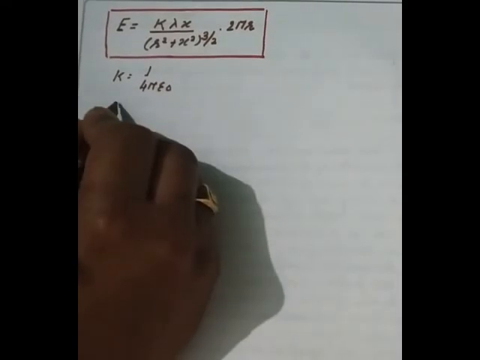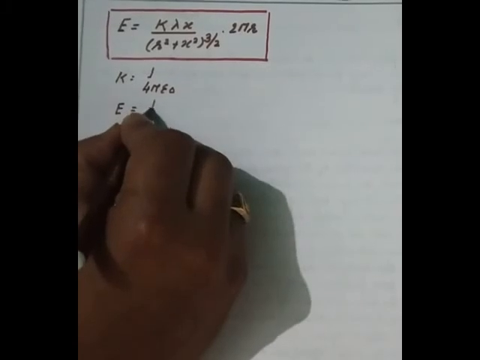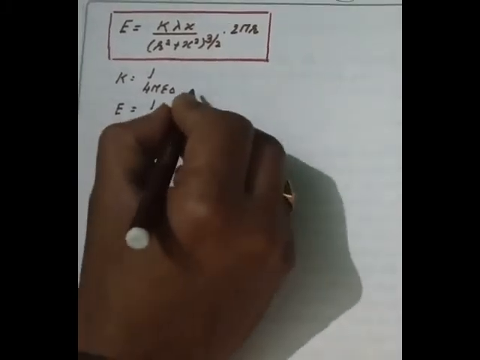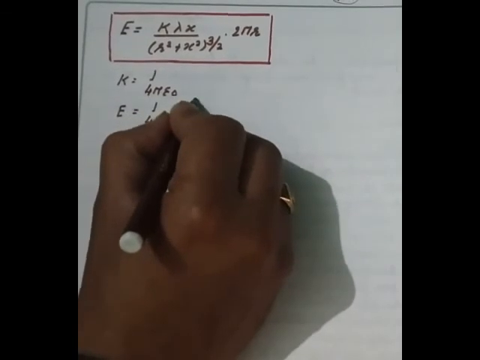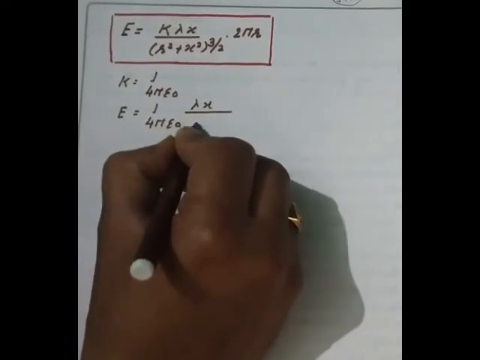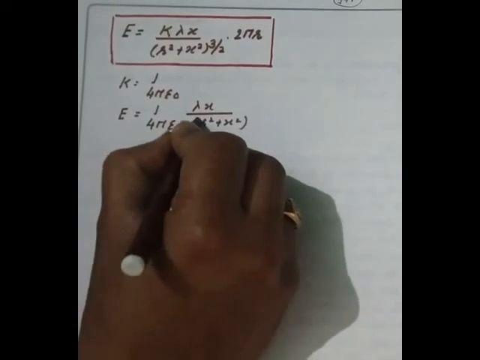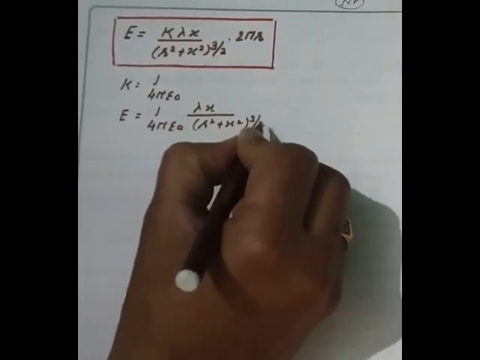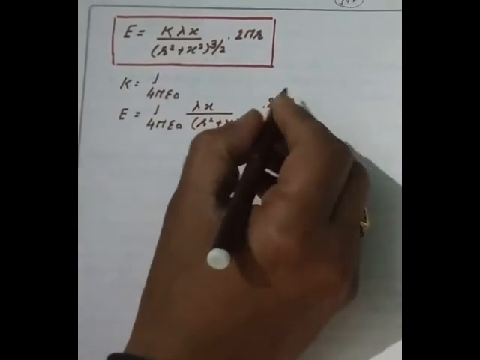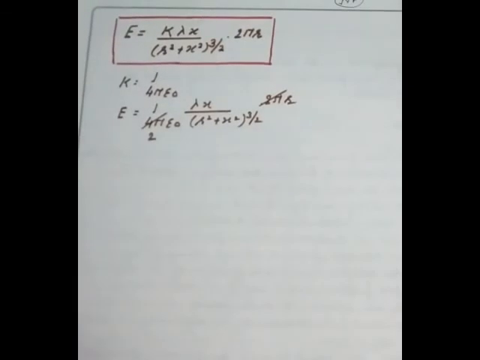Here the electric field will become E equals 1 upon 4 pi epsilon naught lambda x upon r square plus x square 3 by 2 multiplied by 2 pi r. 2 pi will be cancelled out, 4 pi will become 2.